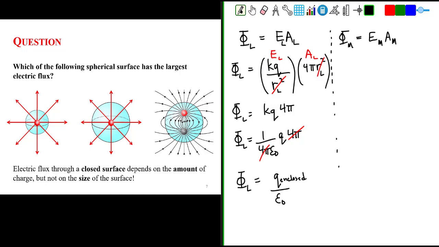Now let's get an expression for the electric flux on the middle sphere. The electric flux on the middle sphere is going to be k, same Q, over the radius of the middle sphere squared. Now, this quantity just comes from the magnitude of the electric field on the middle sphere. Now, the surface area of the middle sphere is 4 pi r_m squared.